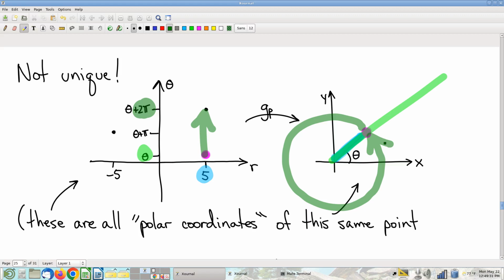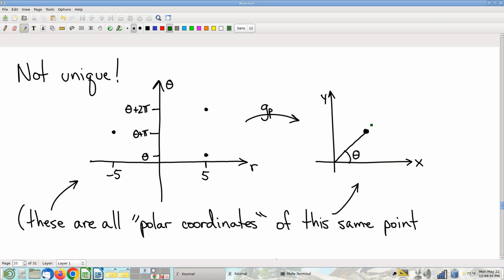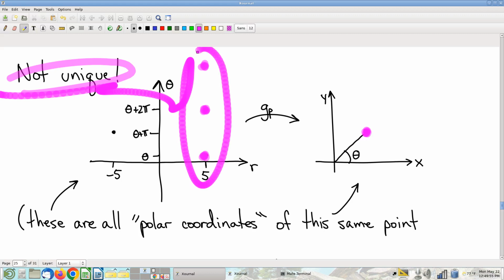So this is a different set of what you might call polar coordinates for this point. So again, this point here, you could describe it with sort of the obvious theta and r, or you could go around a full turn and describe it with that, or another full turn after that. Right? You got a lot of options. So there's a lot of ways then in which polar coordinates are not unique. And we're not even done yet, but already there's infinitely many.